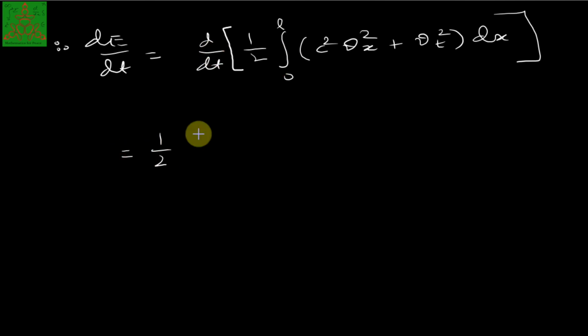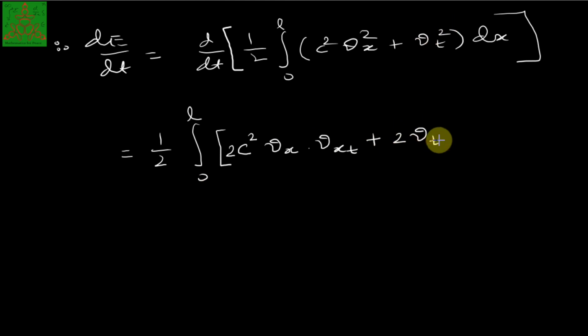Now the derivative of v_x², with c² constant, gives me 2 v_x times v_xt, plus the derivative of v_t², which gives me 2 v_t times v_tt, dx.